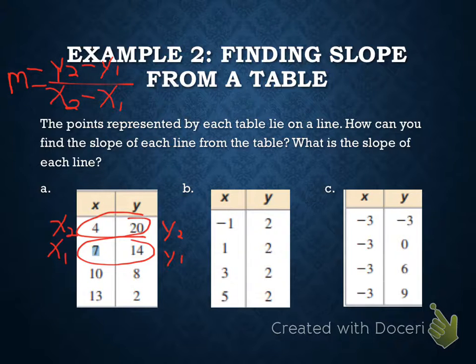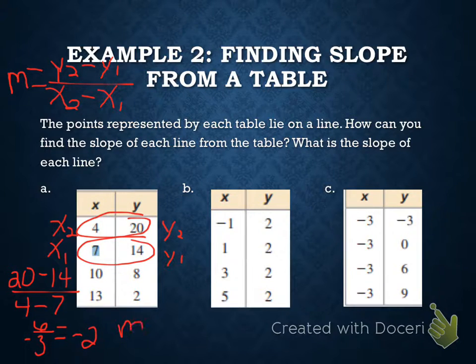So the change in y, I'm going to have 20 minus 14 all over 4 minus 7. So 20 minus 14 is going to give me 6, and 4 minus 7 is going to give me -3. Simplified, that's -2. So my slope for this table is -2.